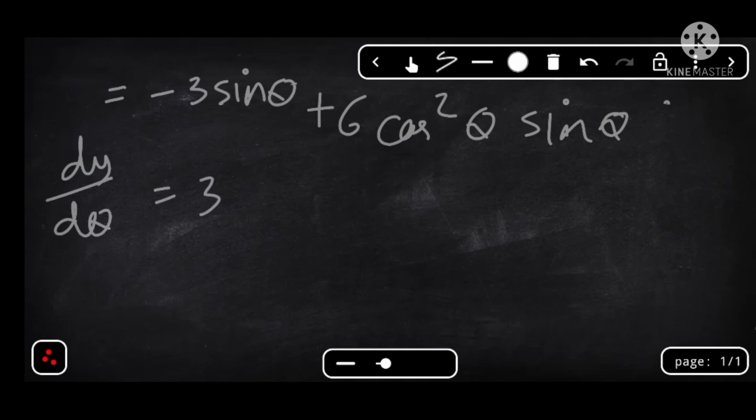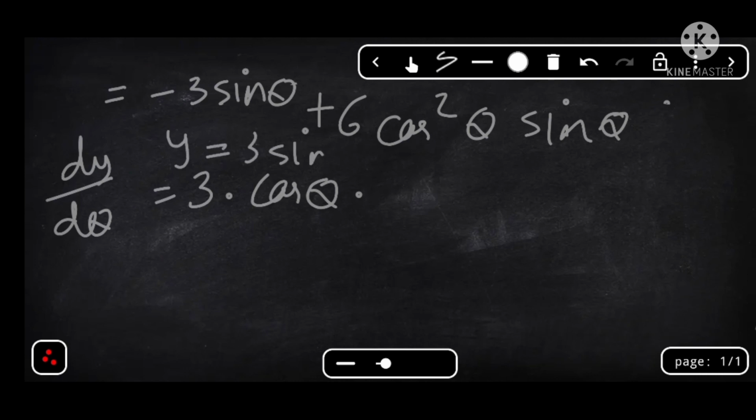So our y is 3 sin theta, that is 3 into sin theta. d by d theta of sin theta is cos theta. I hope you remember y is equal to 3 sin theta minus 2 sin cube theta.